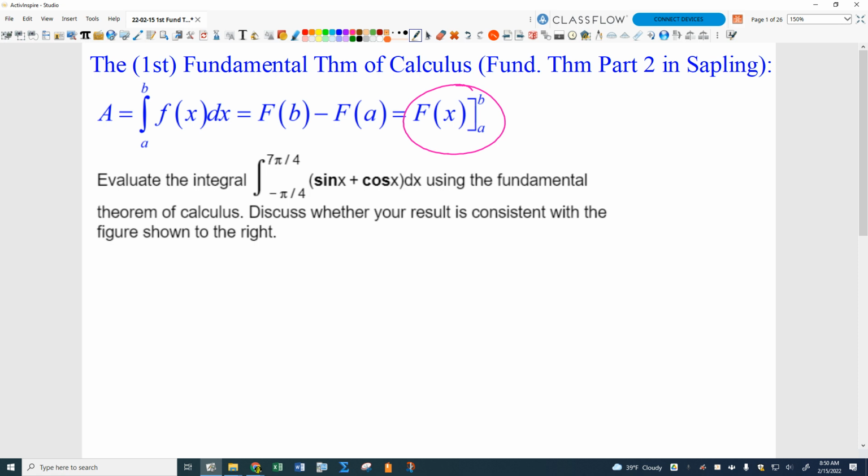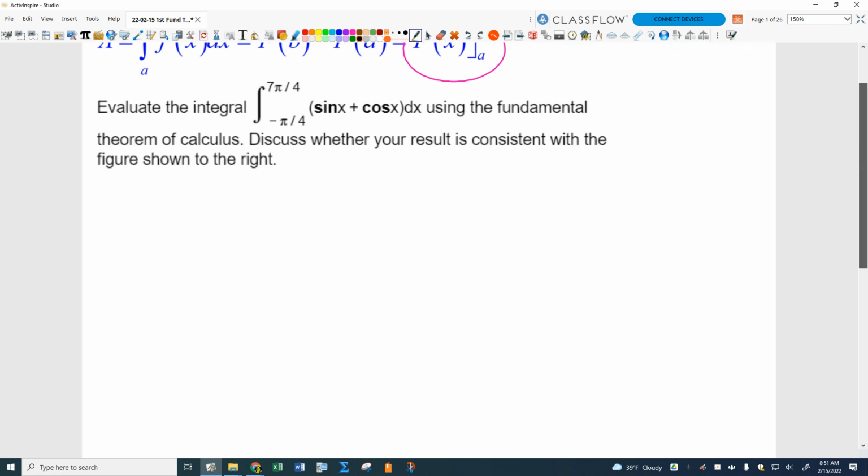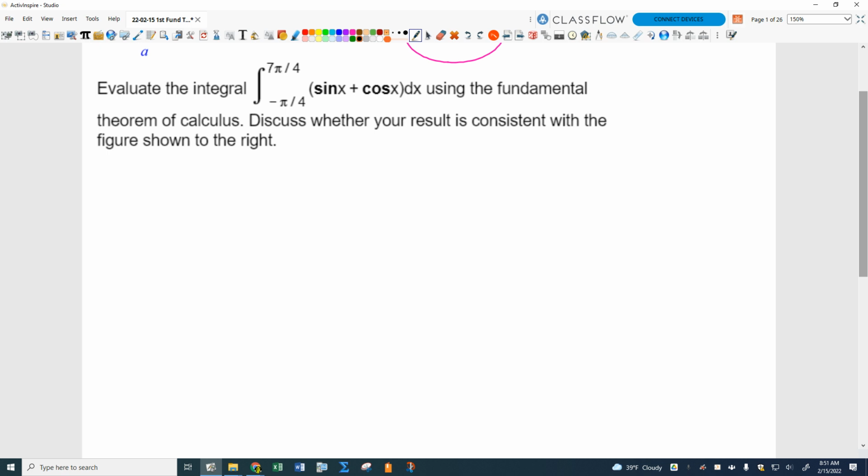What is the integral of sine x plus cosine x? What's the antiderivative of sine x? You guys haven't had a chance to really memorize these yet. Negative cosine x plus sine x, right? Why don't we make that sine x minus cosine x?